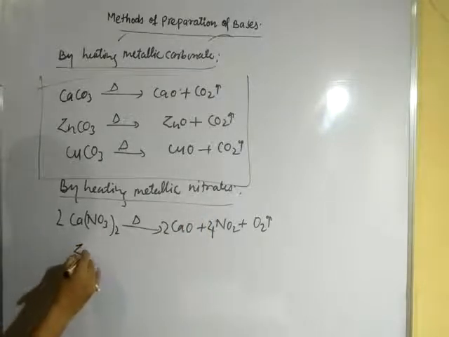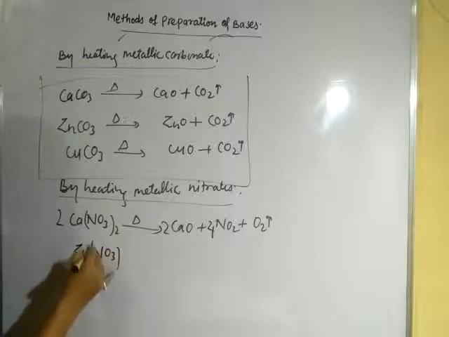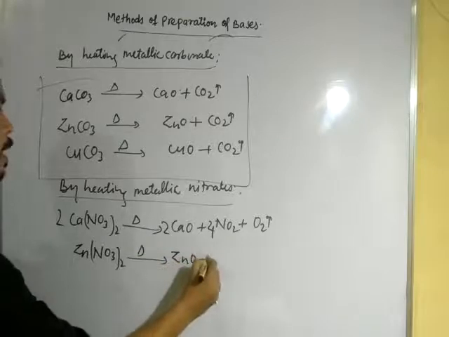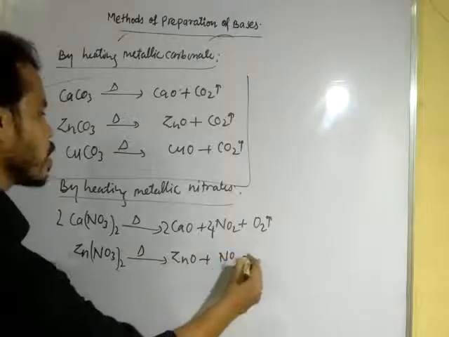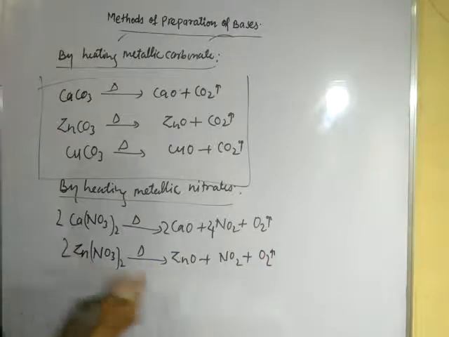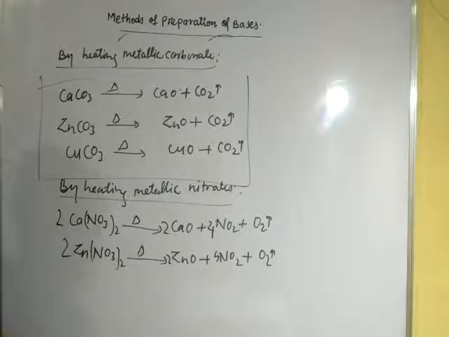When zinc nitrate Zn(NO3)2 reacts, it forms zinc oxide and nitrogen dioxide and liberates oxygen once again. To balance this reaction, multiply it with 2, with 4, and with 2. Okay, this reaction is a balanced reaction.